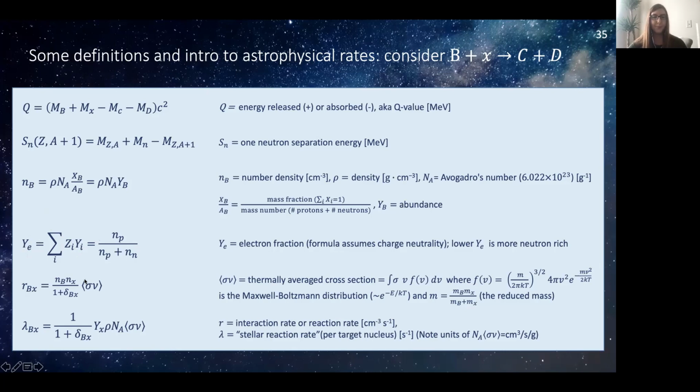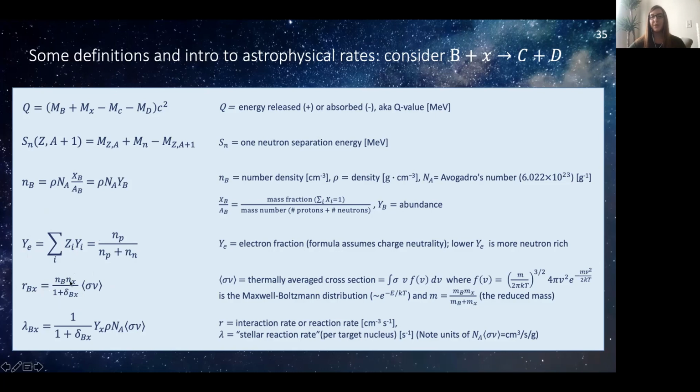Okay. All right. Next, we have the interaction rate, R. It's going to be your number density of your 2 reactants times this factor here, which is just going to be something that corrects for overcounting.